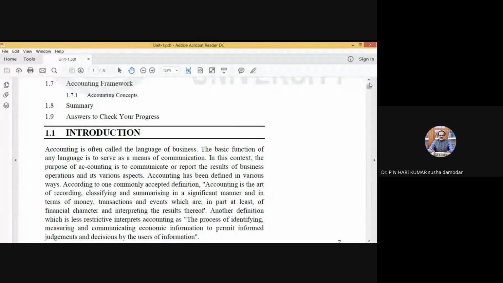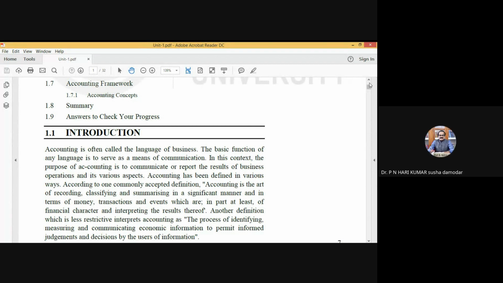All the transactions must involve either cash inflow or cash outflow, that means in terms of money, and which are in part at least of financial character, and interpreting the result thereof. After a group of transactions have taken place, there must be a result.